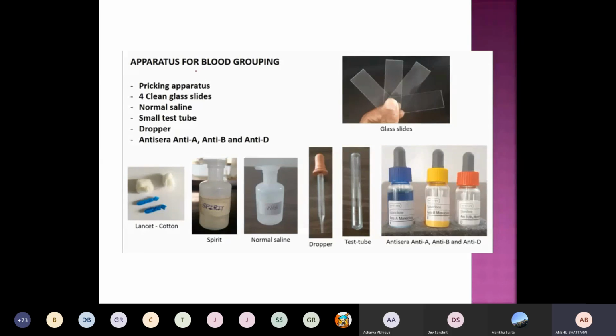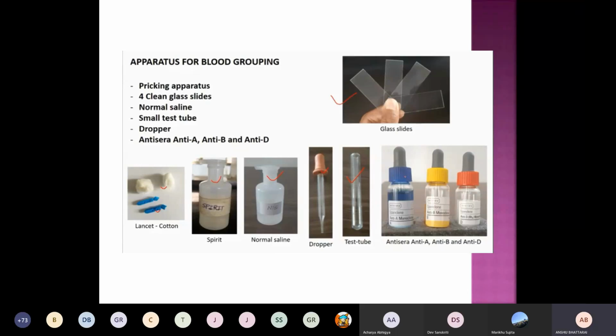Apparatus for blood grouping: pricking apparatus, which includes spirit, lancet and cotton; 4 clean glass slides, normal saline, a small test tube, a dropper, and anti-sera preparations, anti-A, anti-B, and anti-D.